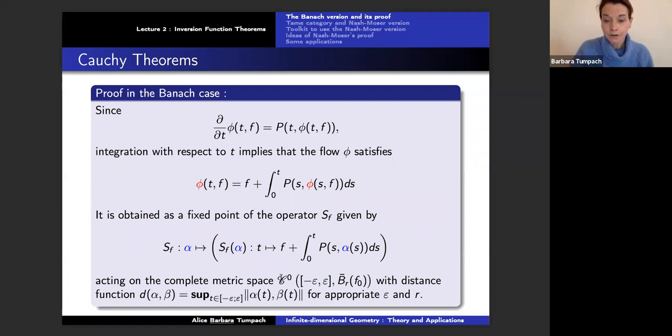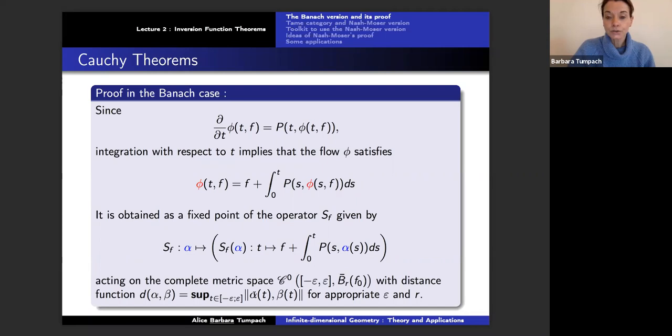This space of continuous curves is a complete metric space for the distance given here: the distance between two functions will be the supremum over all time of the differences of the distances between the elements of the curves. Okay, so you have a complete metric space.